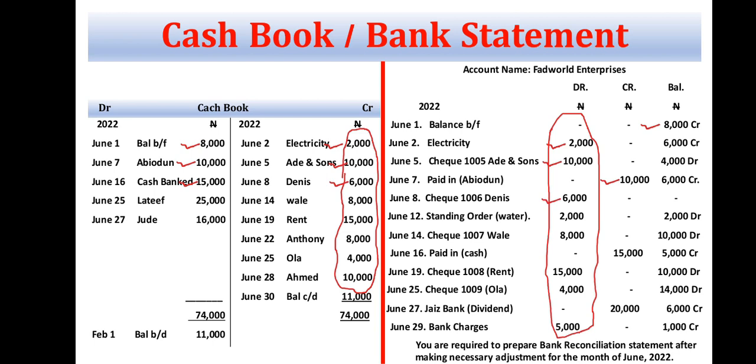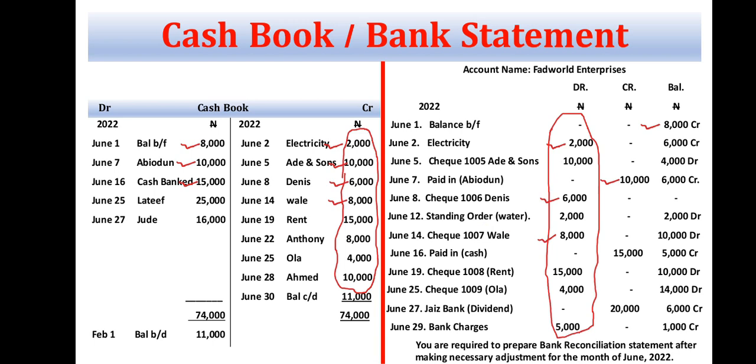On June 14, we have Wale 8,000 naira. Let's look at the bank statement. June 14, there's check 1007, which is Wale 8,000, which means Wale also appears in the two statements. So we are going to take Wale in the cash book. We also take Wale in the bank statement, which means those entries did not cause disagreement.